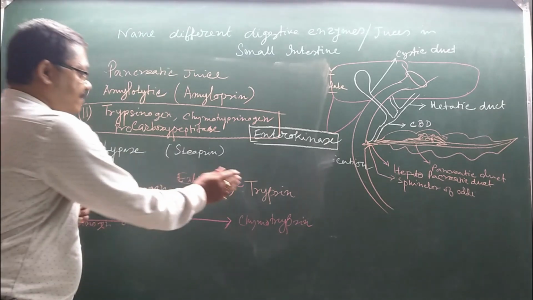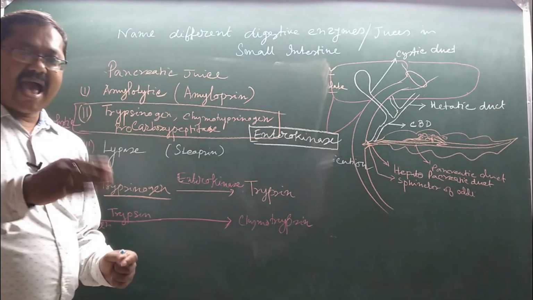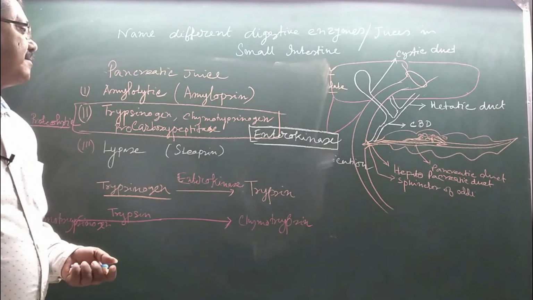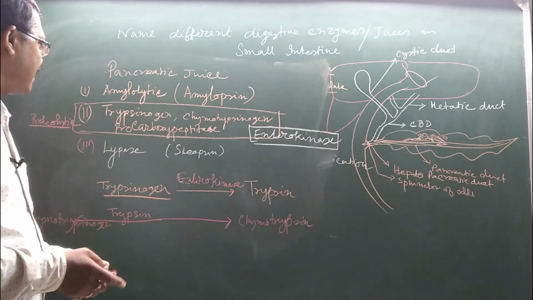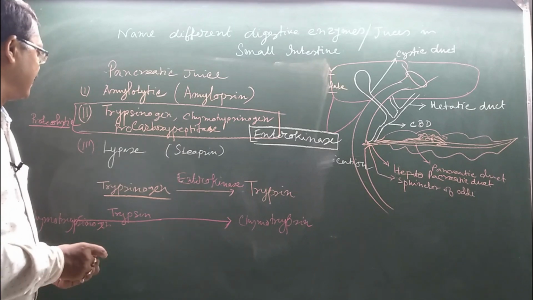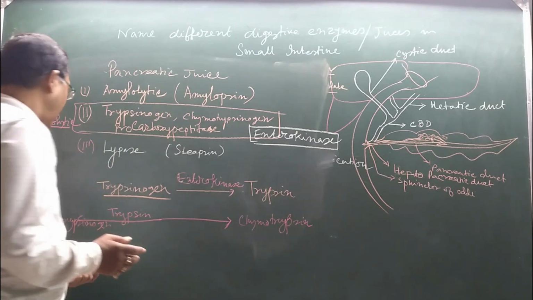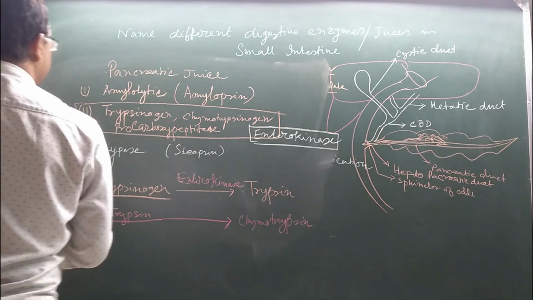These are the active forms. These enzymes act on protein and degrade the protein into smaller forms.